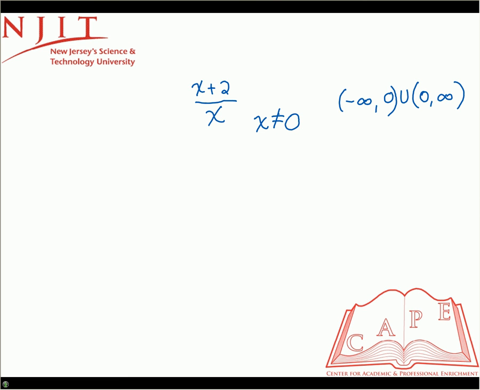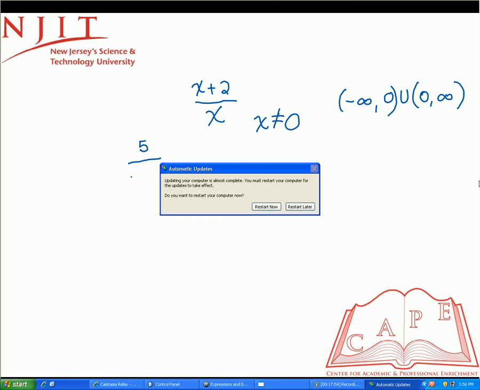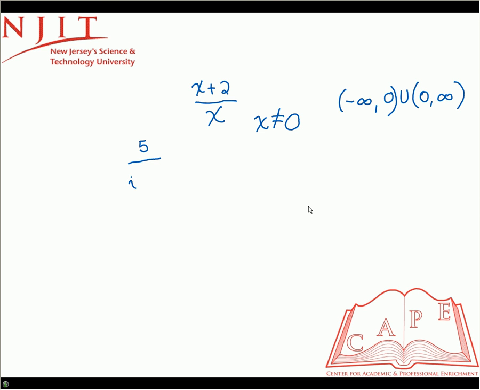Okay, so let's take it up a notch and do a different one. Let's say we'll do another fraction, but a little bit different. Say we had 5 over x squared plus 1. Here we have a fraction, but it's not just an x, it's an x squared.